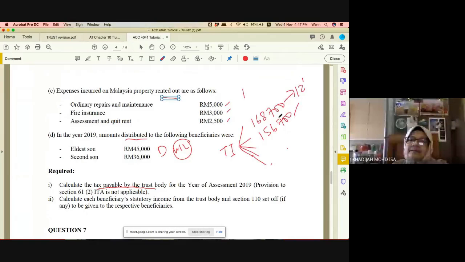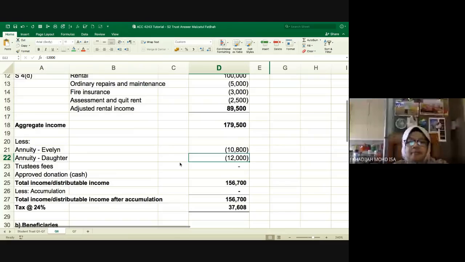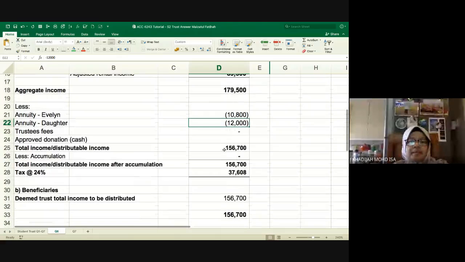And some may think that this one is the accumulation, right? Actually, the intention is to make it as an accumulation. But because we put it wrongly, that we actually pay to the daughter, then it becomes annuity. Right, so your total income is 156.